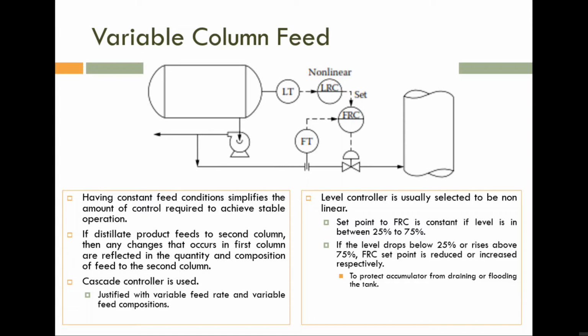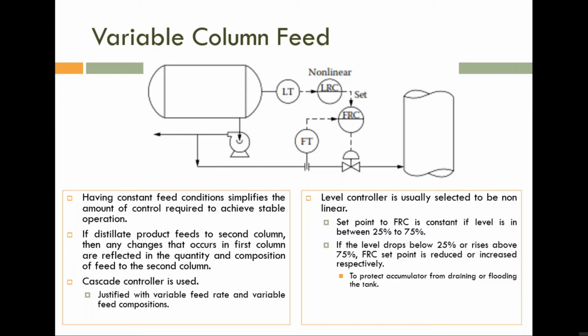You can see that the control strategy, the control algorithm that we are using here is the cascade controller, but the purpose is different. So here we want to maintain the liquid level inside the accumulator and the feed flow rate of the second distillation tower both constant. It is not due to disturbance, but we can see it as a disturbance. Okay, so here we need to control two variables.